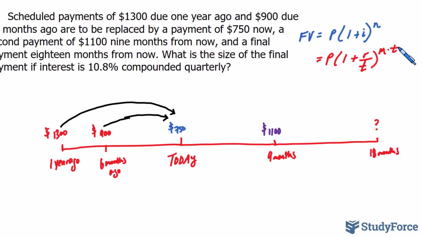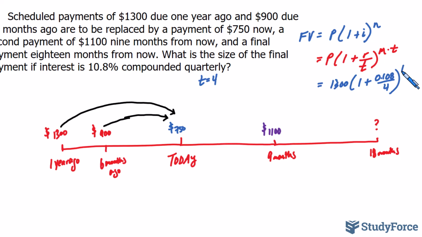So to find out the future value of 1,300, all I have to do is substitute 1,300 into P, 1 plus, our interest rate is 10.8%, which translates to 0.108. It is being compounded quarterly, so our t value is 4. And because it's being fast forwarded to today, and it was due a year ago, that makes 4 compounding periods.